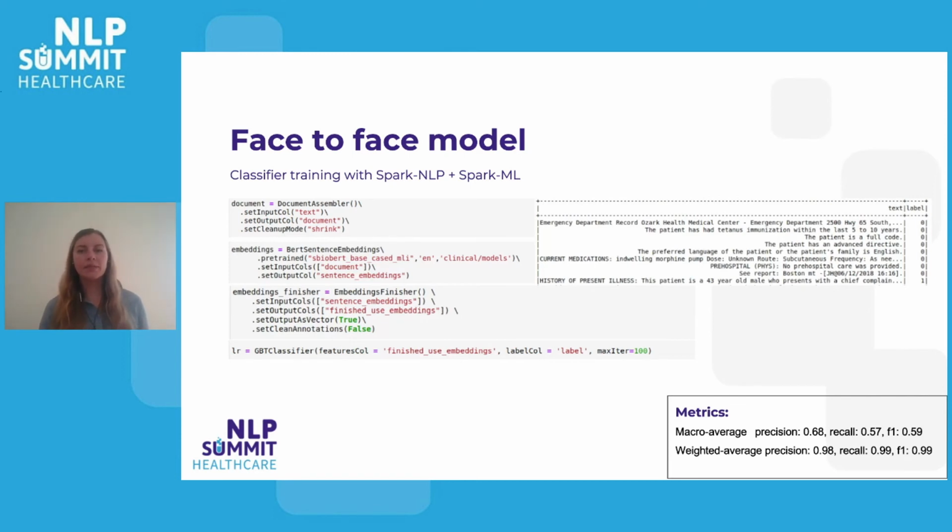We received metrics that are quite decent for this kind of problem because, as we know, physical presence can only be gathered from context, and it's hard to extract it even for manual annotators.